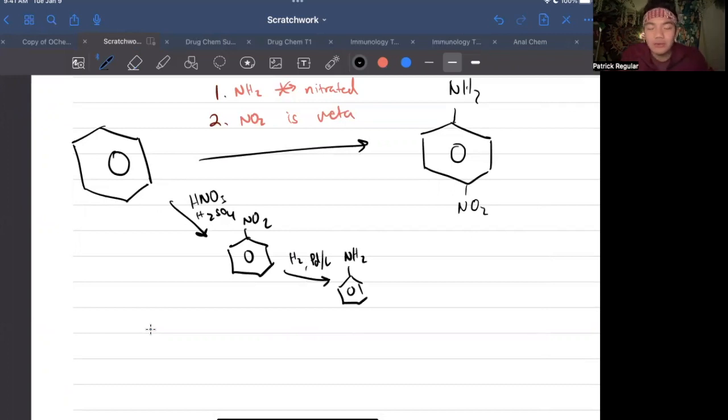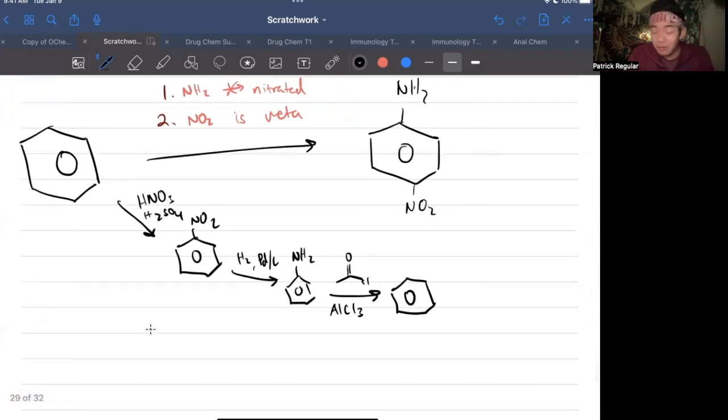We can react it with a Friedel-Crafts acylation. You might be thinking, wait, how can we do that? Because aniline, NH2, cannot react with the Lewis acids. And last I checked, Friedel-Crafts uses a Lewis acid, AlCl3. Now, aniline cannot react with a Lewis acid because the aniline will react with it rather than the aromatic ring.